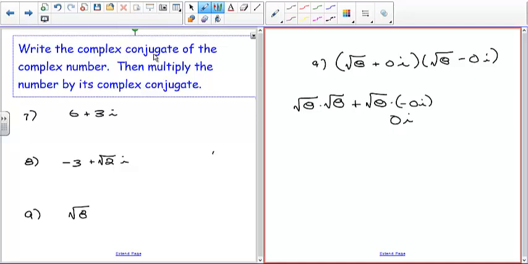And then you get the inner, which is plus the square root of 8 times positive 0i. And then the last term is 0i times negative 0i. So all these things are 0 except the first term, so the answer is 8. The complex conjugate is just this, but if it's 0, you don't have to include it in there.